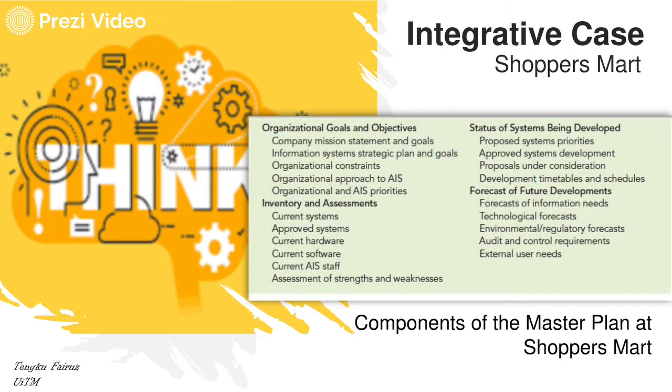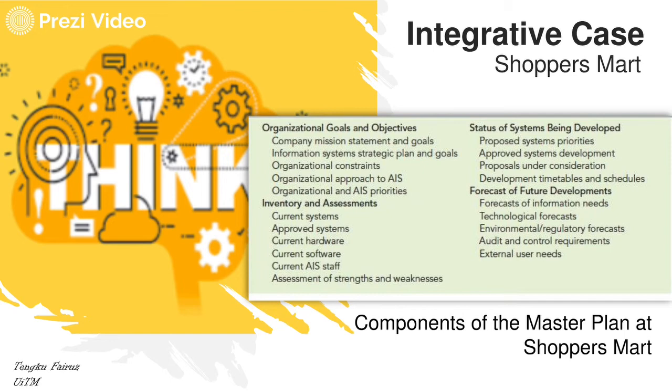So that consists of organizational goals and objectives, inventory and assessment, the status of the system being developed, forecast of the future development, and so on. So you can go into detail in this table 20.1 in your text. You can relate to the integrative case Shopper Smart. So you can see the example here, the given example of the master plan.